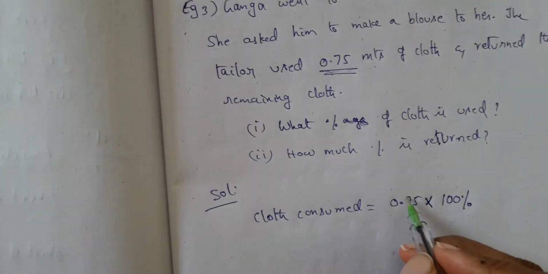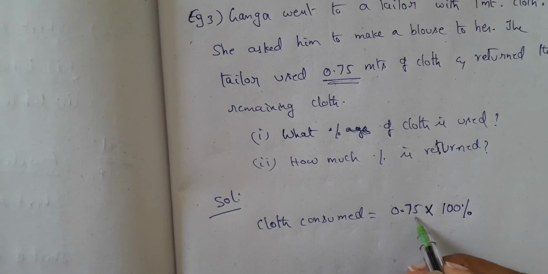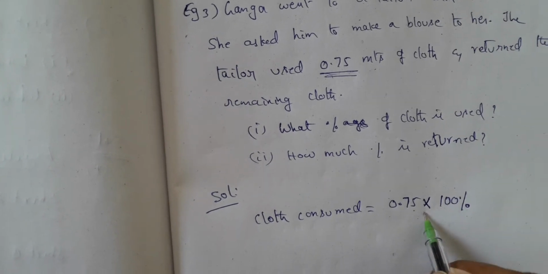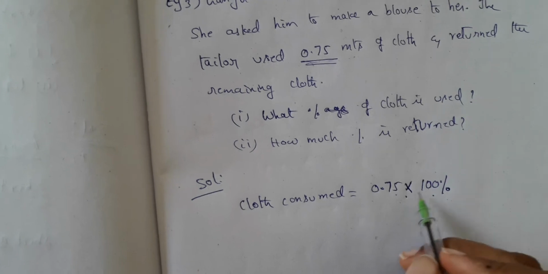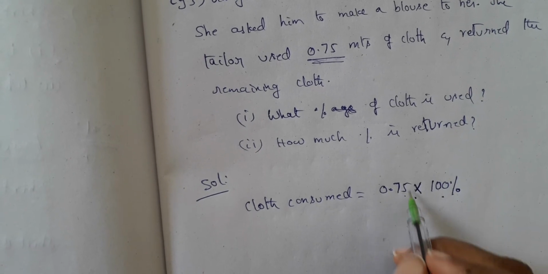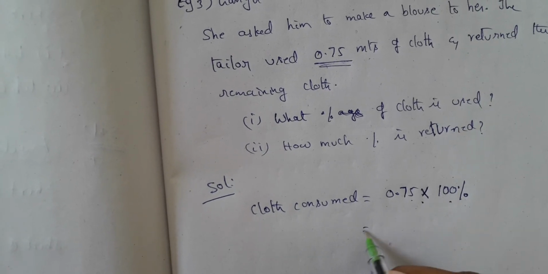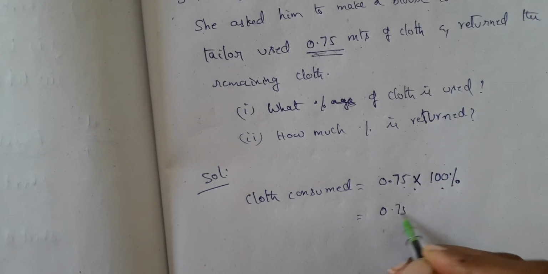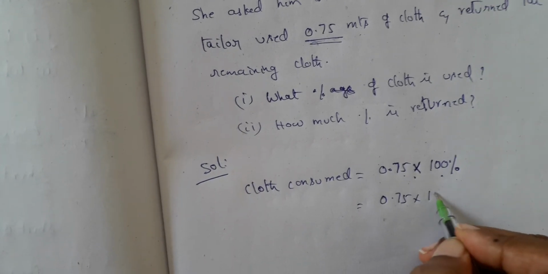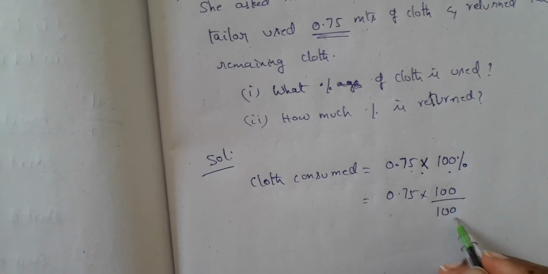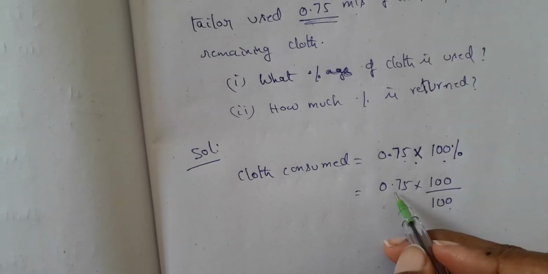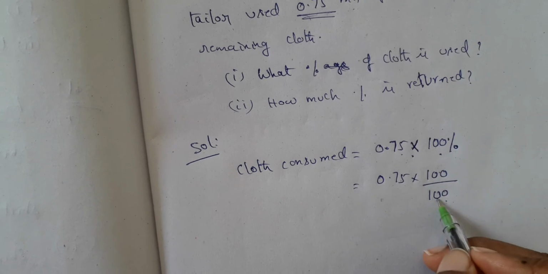So what is used? 0.75 of 100%. Of means multiplication. Percent means by 100. So 0.75 into 100 by 100.